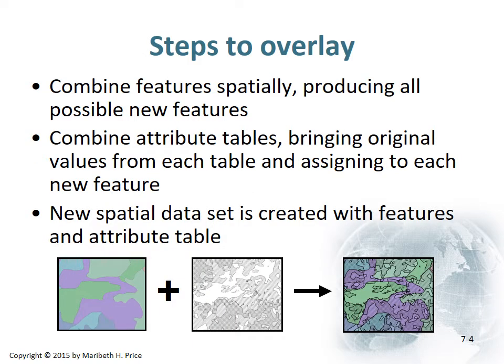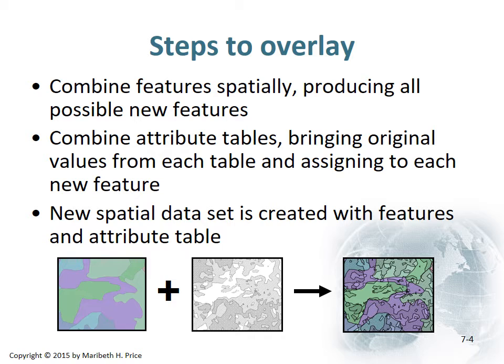So a real brief review before the last of the overlay processes. What we're doing in overlays is we're combining features from vector data sets spatially, and we're producing all possible new feature combinations that exist between the two data sets. If we combine polygon and point data, we're going to get point data out.